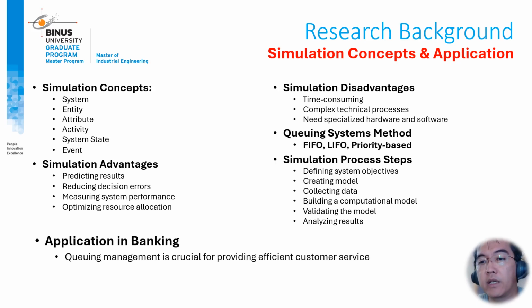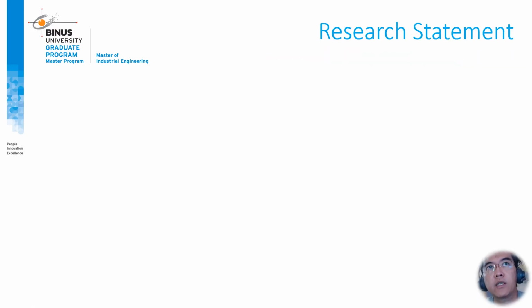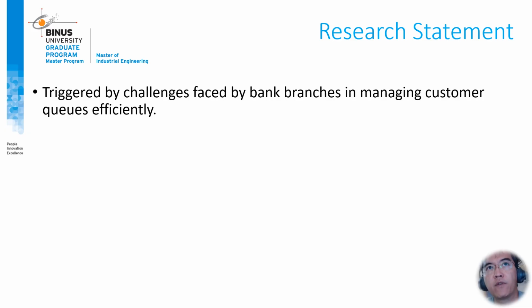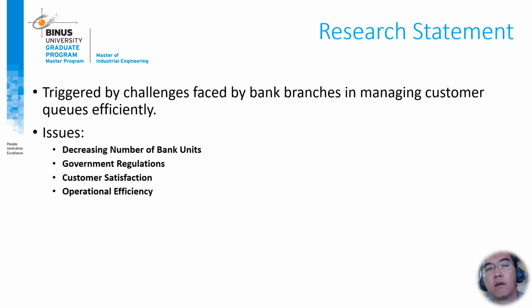This research is an application in banking, where queuing management is crucial for providing efficient customer service. The research is centered around the challenges faced by bank branches in managing customer queues efficiently, like the decreasing number of bank units, and government regulation that has imposed strict regulation and fines on banks to ensure customers do not wait in queues for more than 15 minutes.